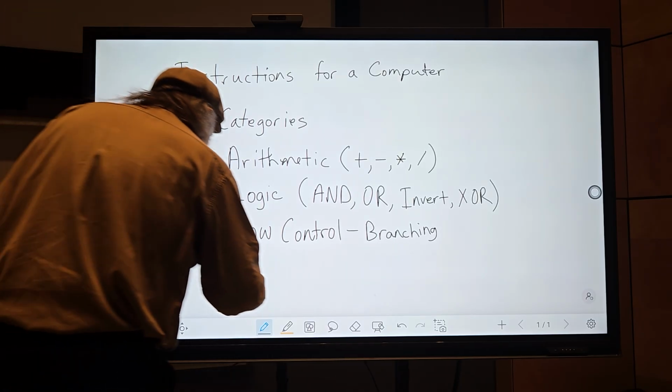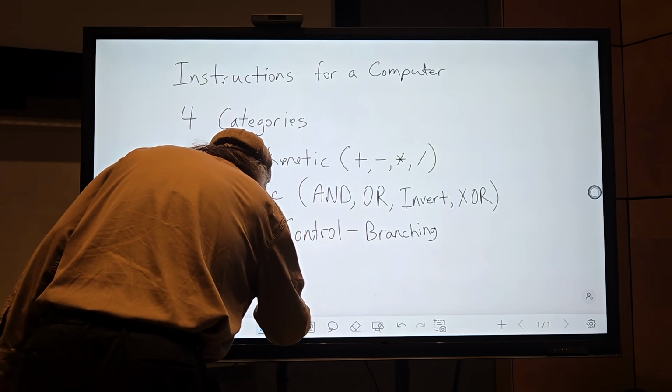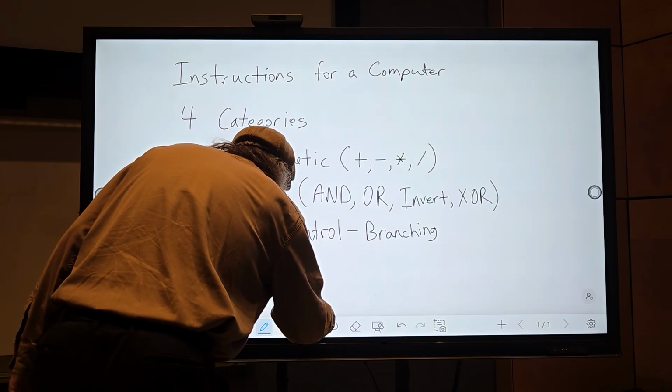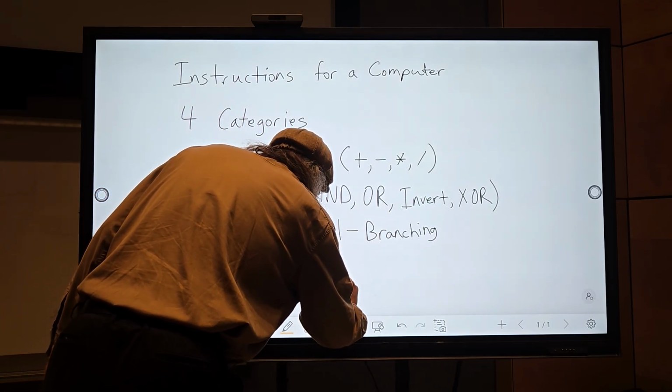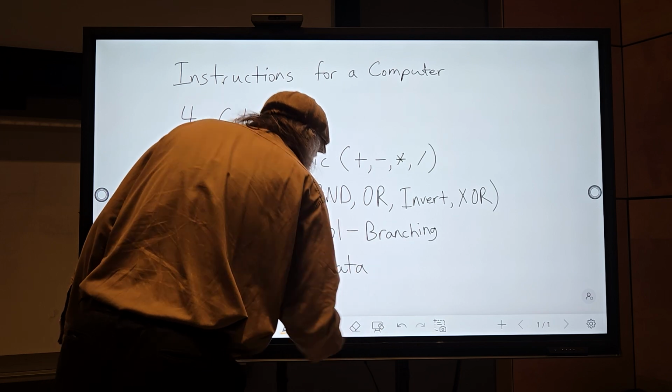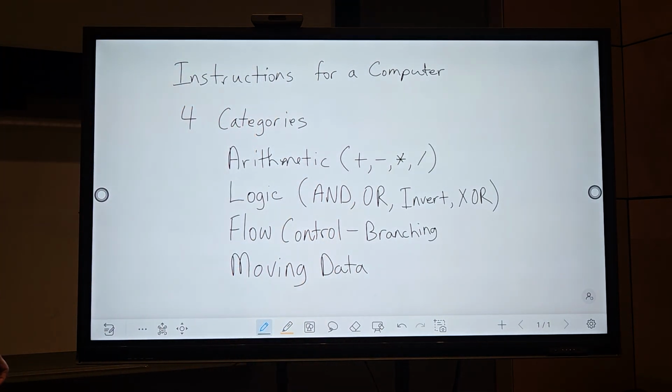And then finally, there's moving data. Now, moving data is what gets things done in a processor or in a computer.